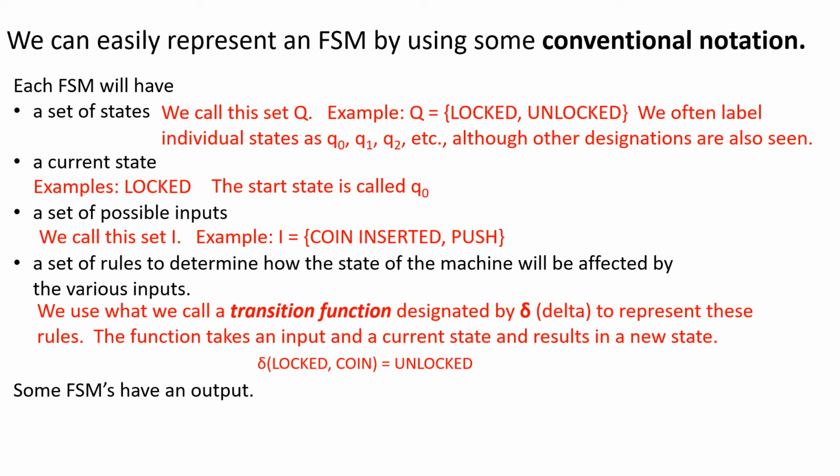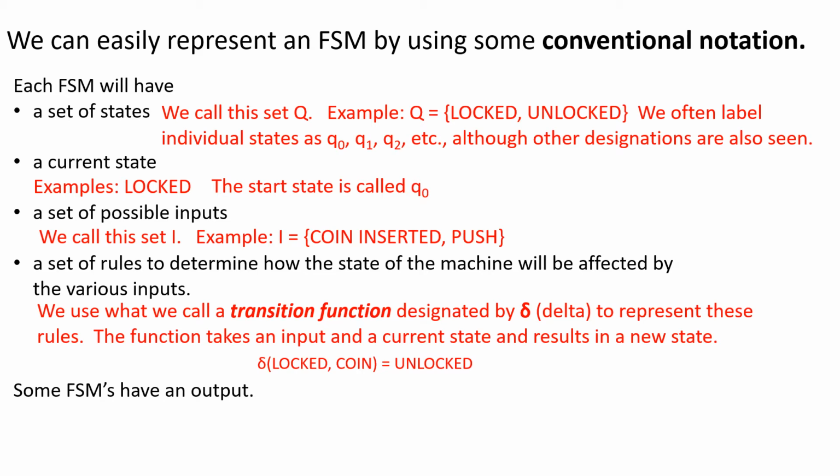Now this is in a different order than I said before, that it takes an input and a current state, but here we put the state first and then the input. I think maybe I took this out of the book and that's how they did it. It doesn't really matter, obviously. If we know for sure which is the input and which is the state, then it doesn't matter which order we put them in.